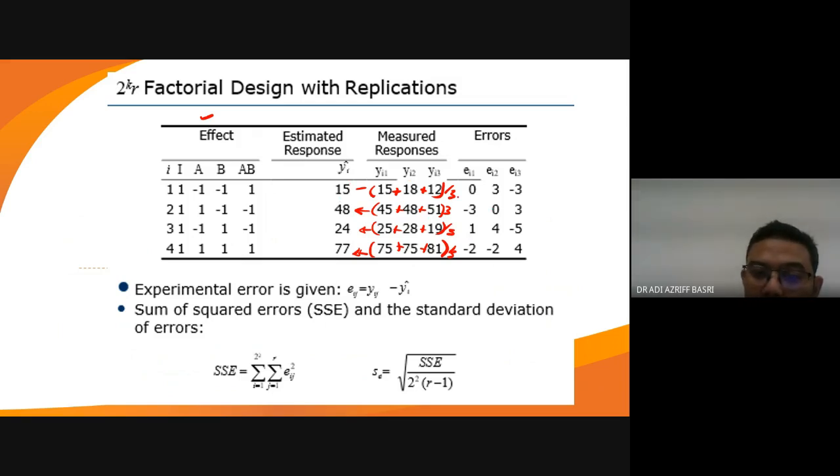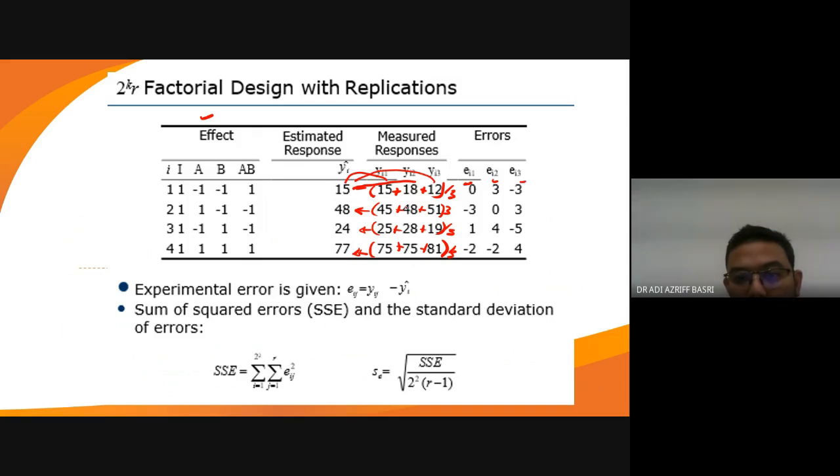The experimental error is given by Y minus Y mean. In this case, you have 15 here. 15 minus 15 becomes 0. 18 minus 15 becomes 3. Negative 12 minus 15 becomes negative 3.